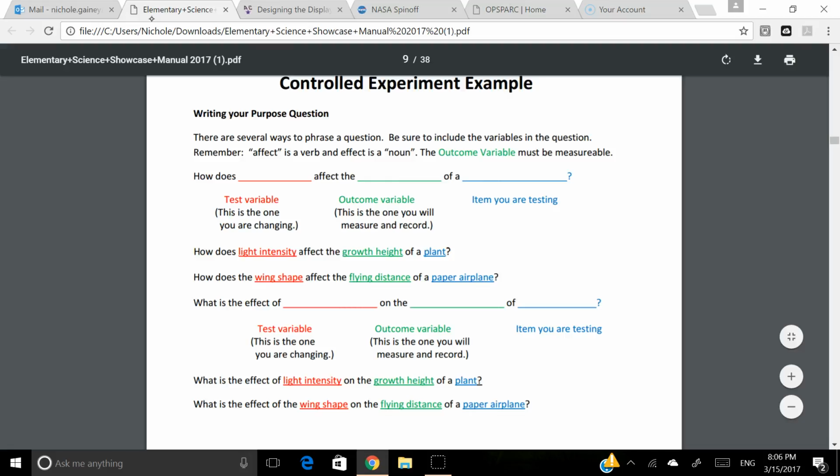The bulk of the work for this project is going to be done at home, though the students will have opportunities to do some work at school, particularly those things that have to do with using the computer and research. They'll have some opportunity at school.